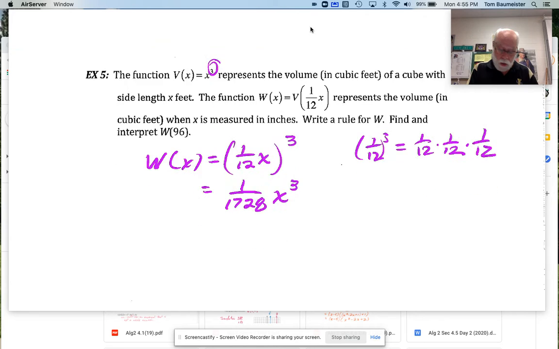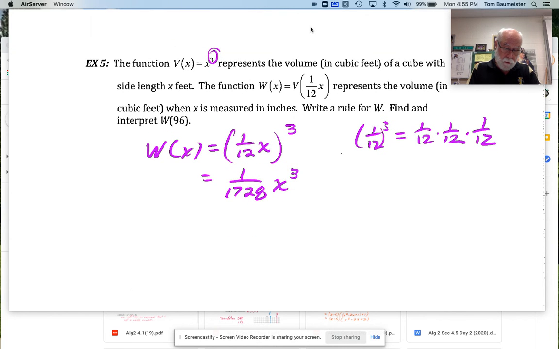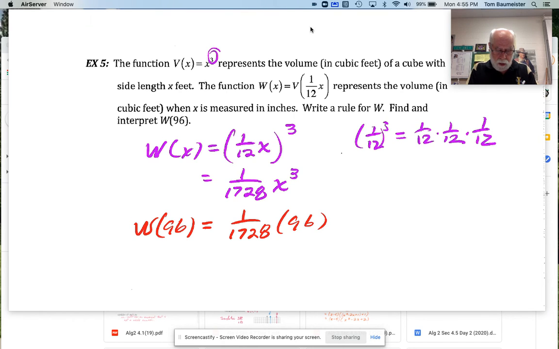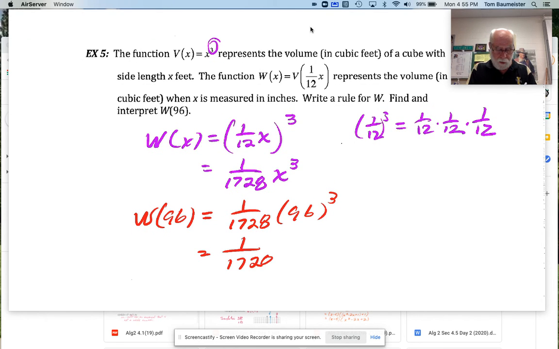Now what they're asking us to do is to do it when our x is equal to 96. So when our x is equal to 96, I'm going to take 1 over 1,728, and we're going to take 96 and cube it. If you plug that into your calculator, I would probably do it all at the same time, but since the book likes to go step by step, I'll go step by step for you also.